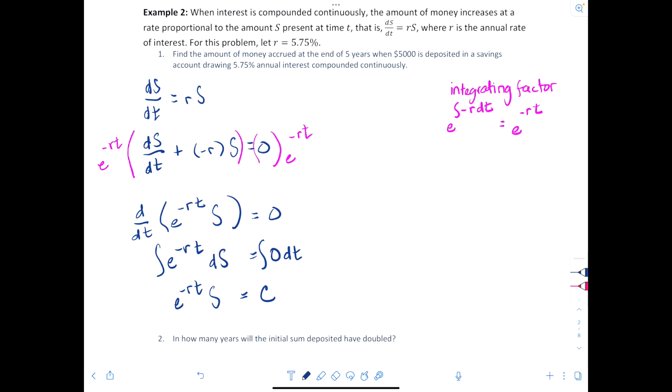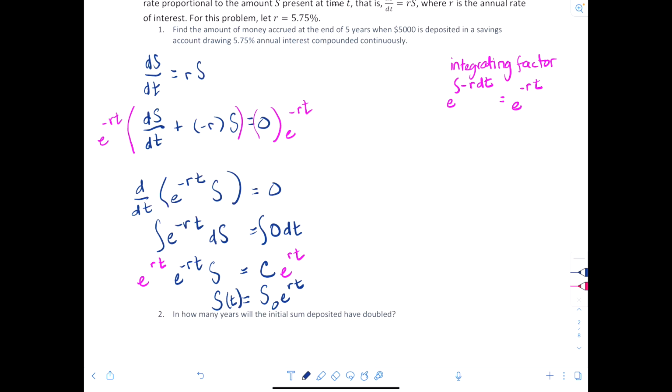Okay, so now s will end up being, if we multiply both sides by e to the positive rt, and if we rename c to be S0, the initial amount, we'll have S0 e to the rt. And if you want, you could write this as s at time t, the amount at time t.